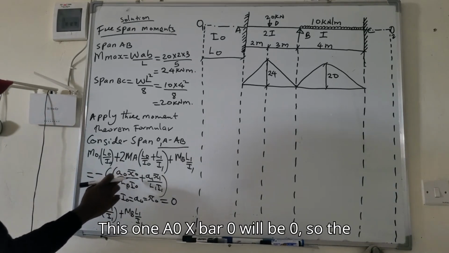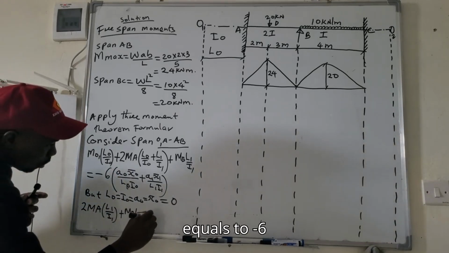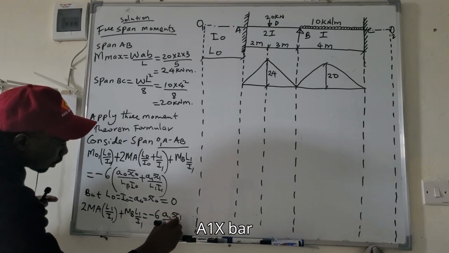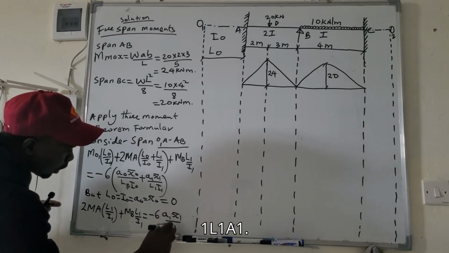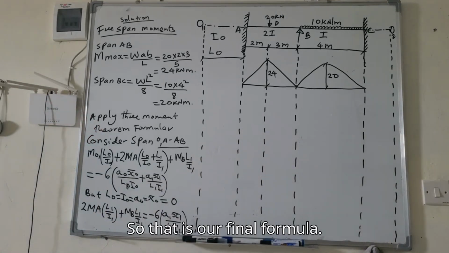This one, A0 x bar 0, will be 0, so the whole of this will be 0. So it will be equal to minus 6 A1 x bar 1 over L1 I1. So that is our final formula.